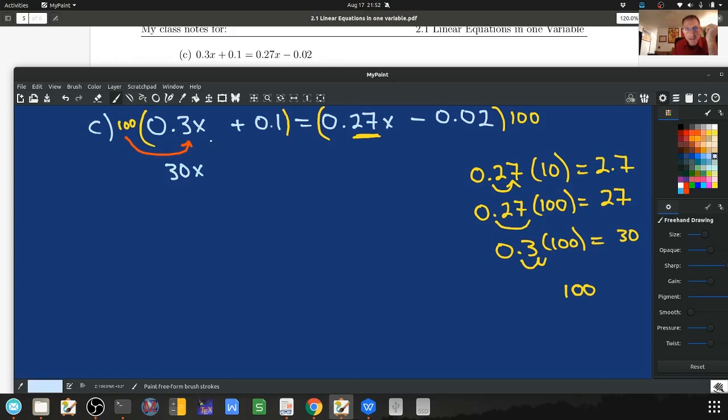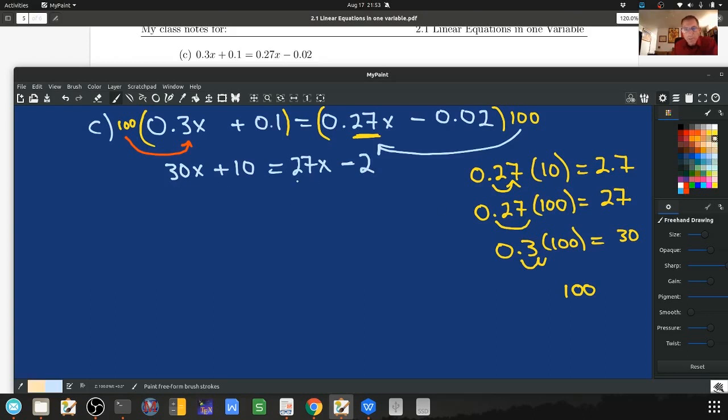I just move that decimal place on the 0.3 over 2. 100 times 0.1 gives me 10. 100 times 0.27x gives me 27x. And 100 times minus 0.02 gives me minus 2. Now this is a much easier problem to solve.